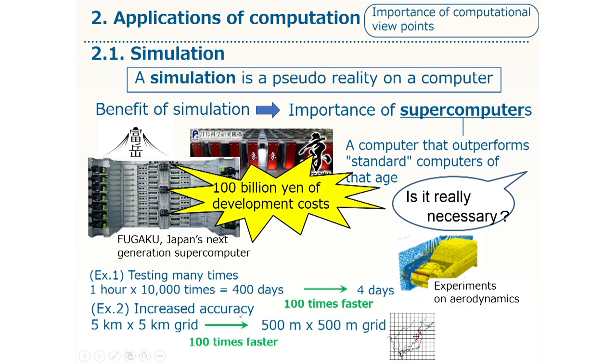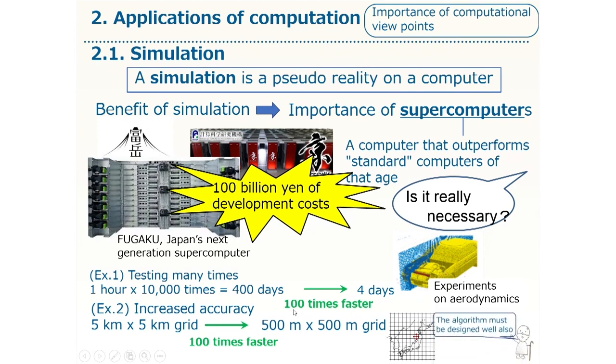If the supercomputer becomes 100 times faster, you will be able to run the computation for a grid that is just 500 meter times 500 meter with the same amount of time. Thus, you can increase this accuracy. The precision or accuracy of the model can thus increase while spending the same amount of time. So if you think that simulations are important, you may be able to appreciate supercomputer power.